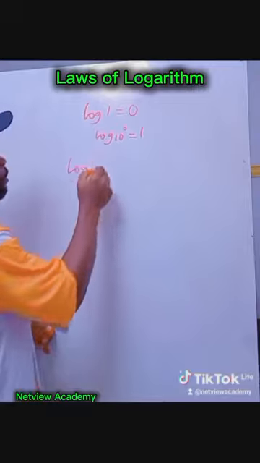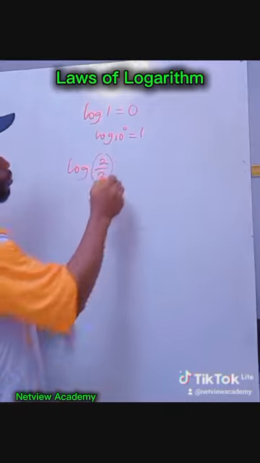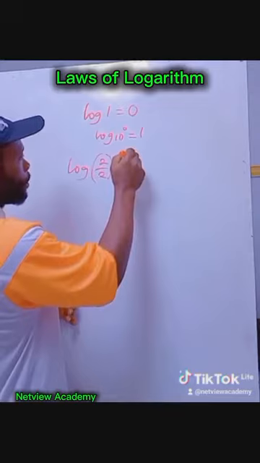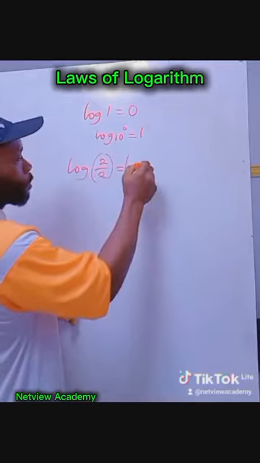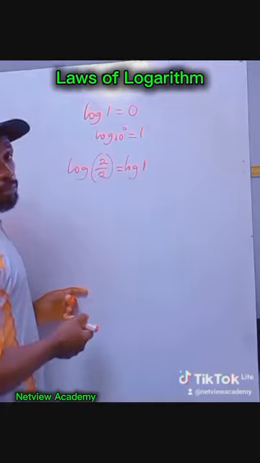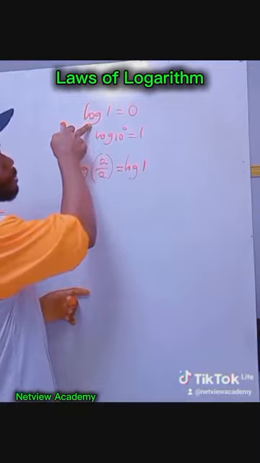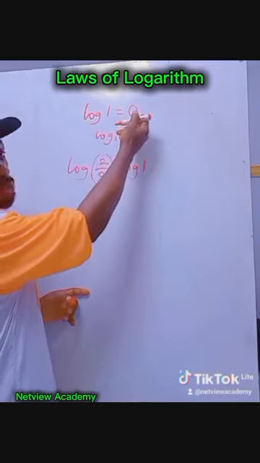Log 2 over 2 is equal to log 1, because 2 will cancel out 2. The result is 1. And we know that from the log of 1 law, log 1 is equal to 0.